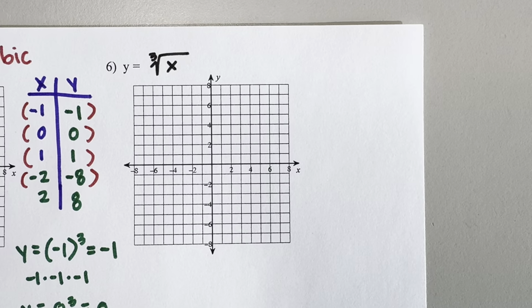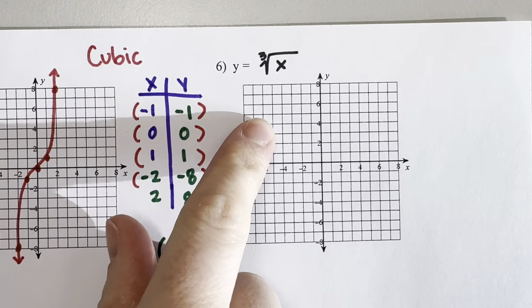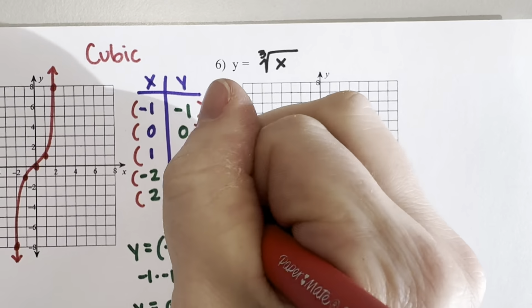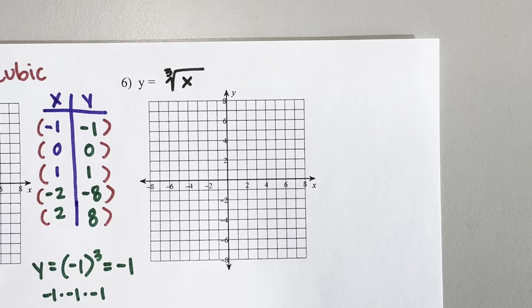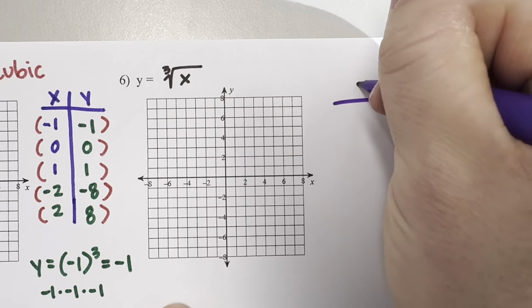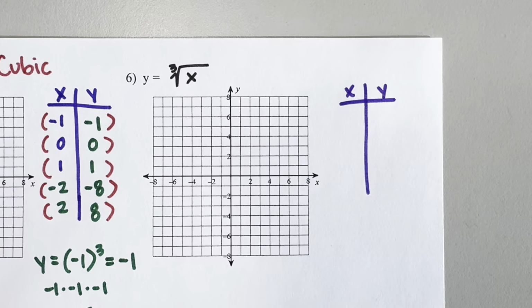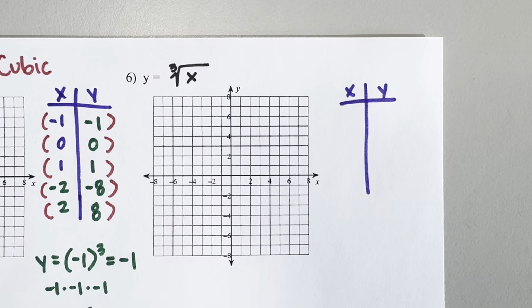Alrighty, okay. And this kind of actually leads into our next one. These guys are related. Hint, hint, they're actually inverses of each other. So now instead of x cubed, we have the cube root of x. So let's go ahead and do our t-chart. But we're going to treat this guy just like we did our square root, where I only want to choose numbers that when I plug it in for x, it can be cube rooted.